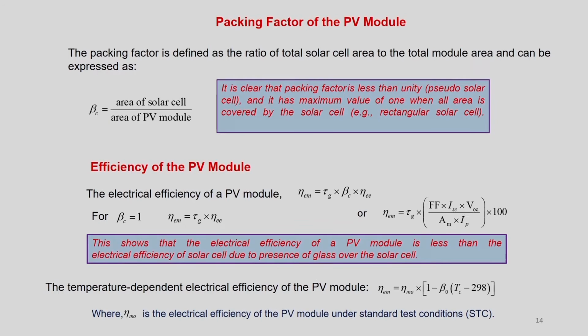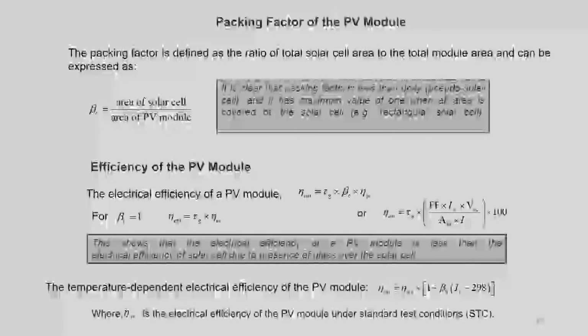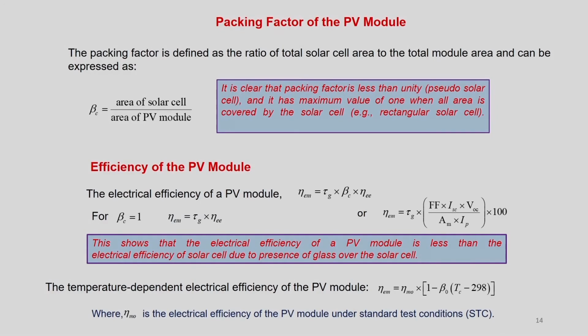So, now let us learn the packing factor of a module. As I said before, packing factor plays a key role in maximizing the efficiency of a PV module, right. So, how is the packing factor defined? It is defined as the ratio of the total area of the solar cells to the area of the module, right.